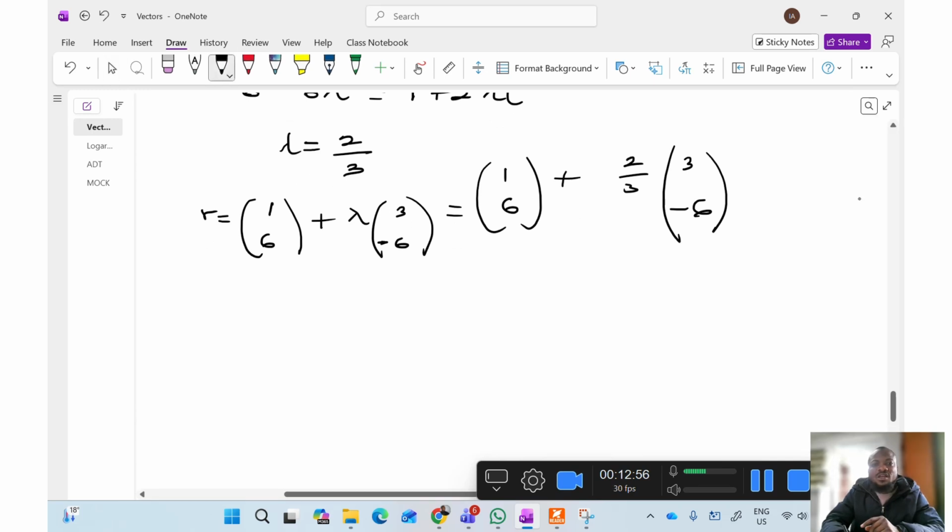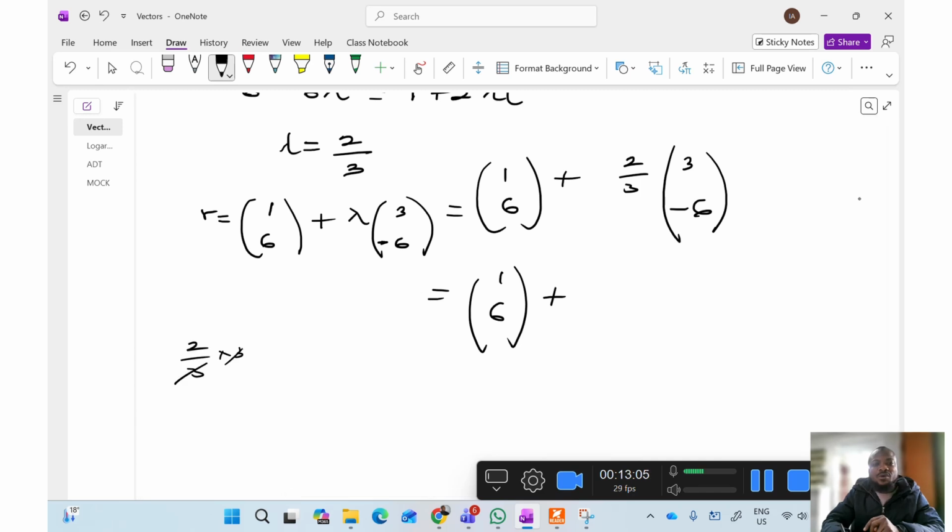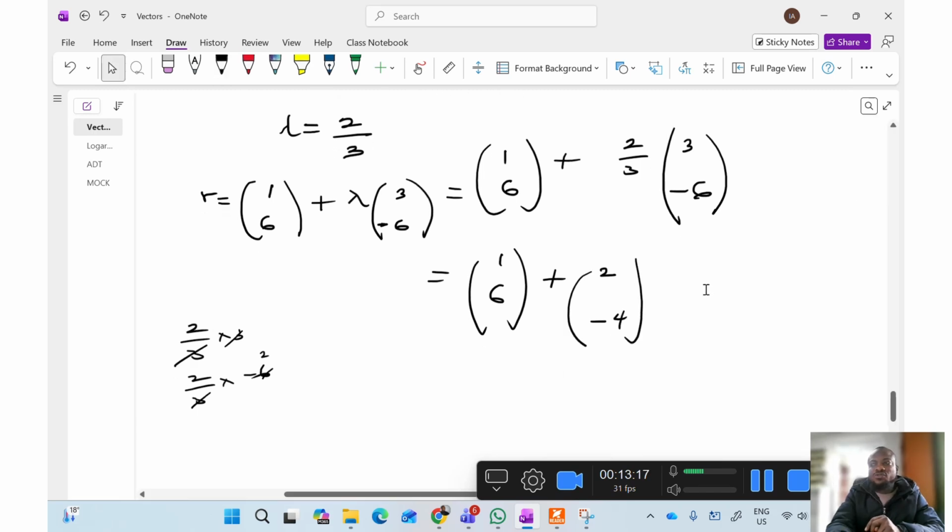So this is equal to 1, 6 plus 2 over 3 times 3, which becomes 2, then 2 over 3 times minus 6, which is minus 4. That becomes 2, minus 4.